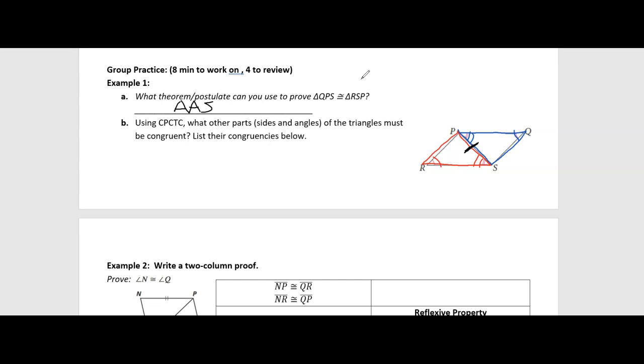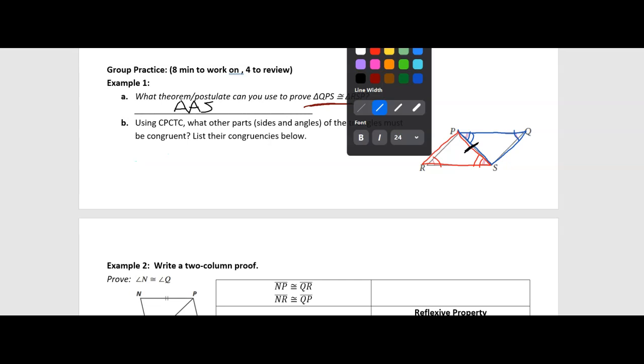Now, once we know the triangles are congruent, I can go ahead and prove all the other corresponding sides and angles are congruent. Probably the easiest way is to use this statement right here, right? So let's say angle S from the blue, and maybe I'll color coordinate it so it makes sense, right?